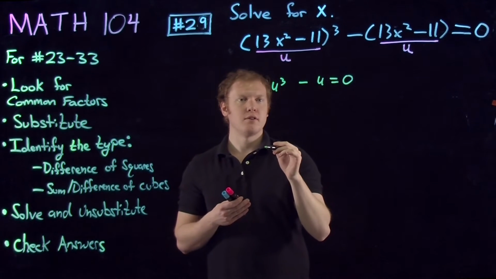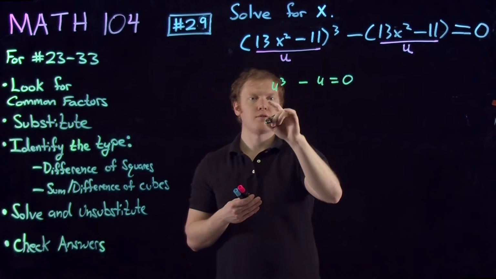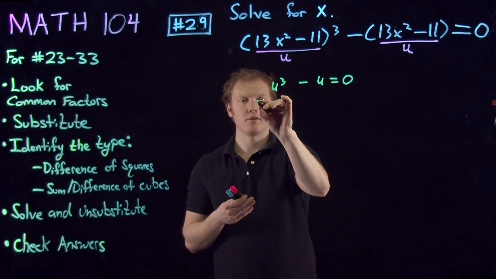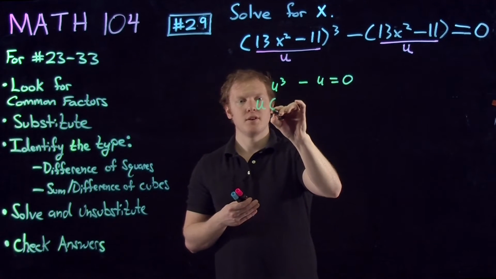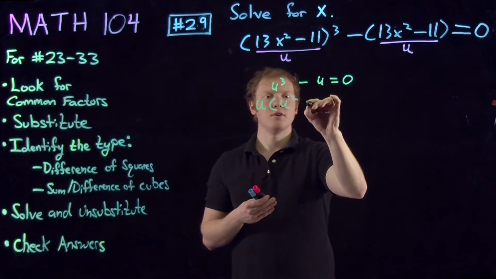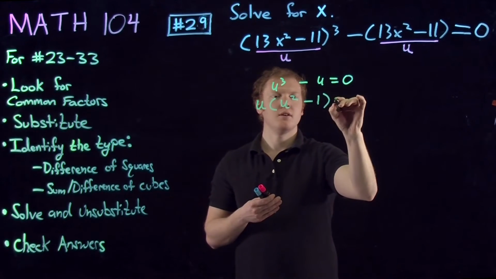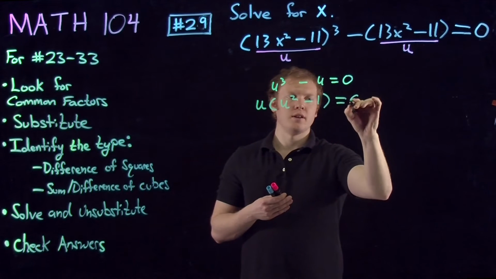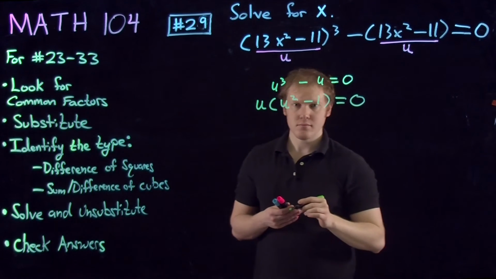With this quantity, we will notice we can factor out u as a common factor, which then gives us u times the quantity u squared minus 1, and all that equaling 0.